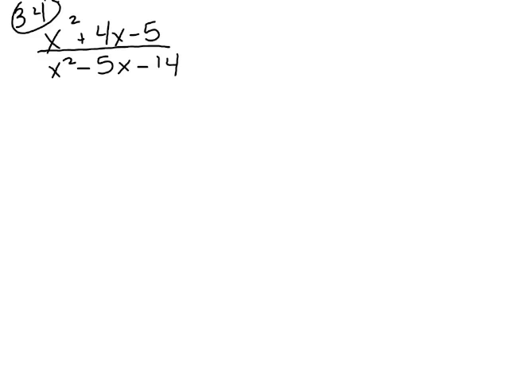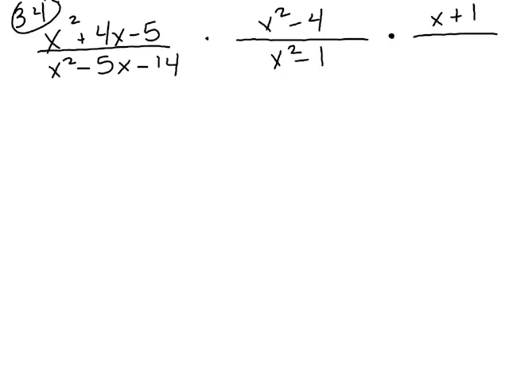It's a division, so I'm going to simplify it by flipping it over and multiplying. So what goes in this? X squared minus 4, okay, and then x squared minus 1 on bottom. Now they've added a third term. So multiplying again, x plus 1 on top, x plus 5 on bottom.